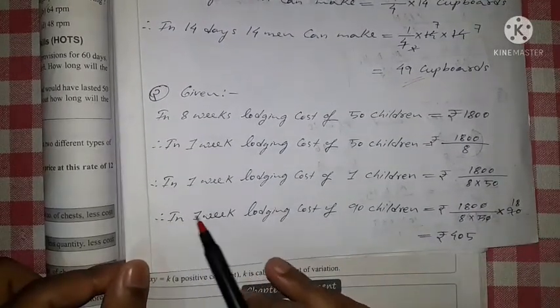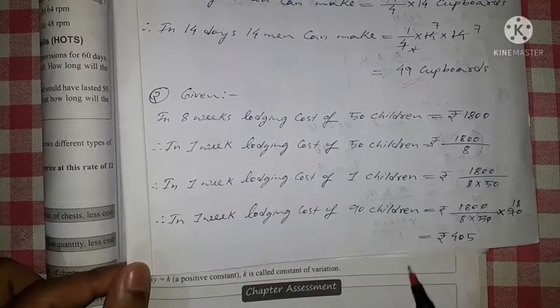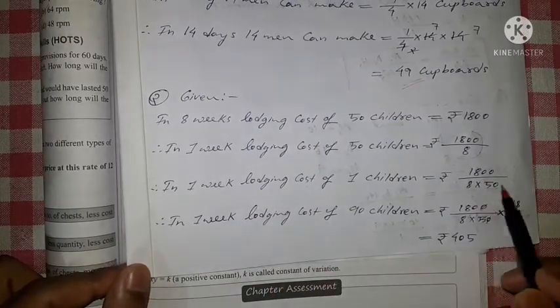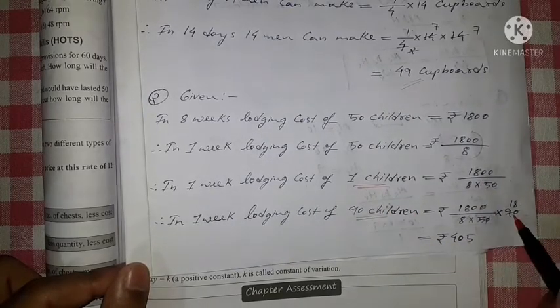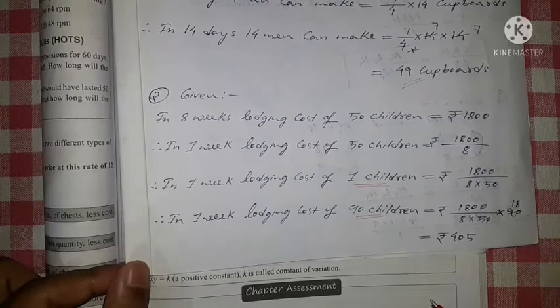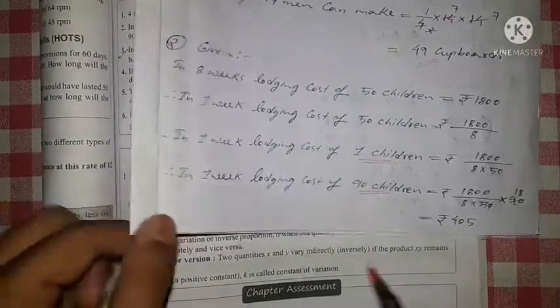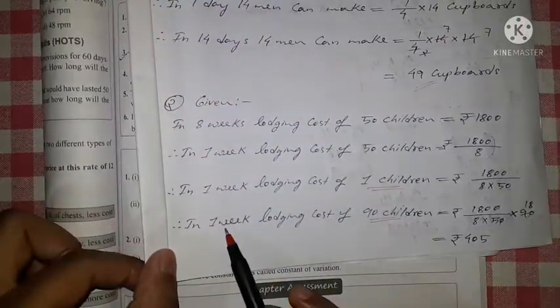For 90 children we multiply it by 90, so that is rupees 405. This is the lodging cost of 90 children for 1 week.